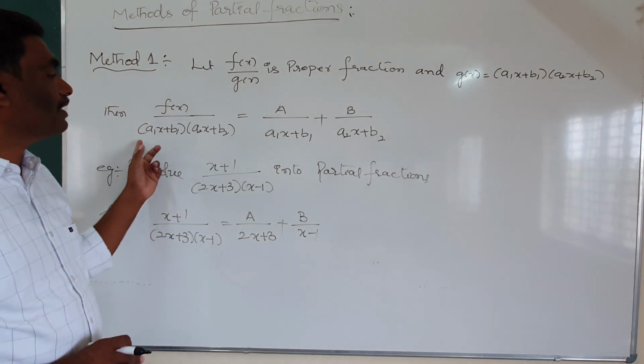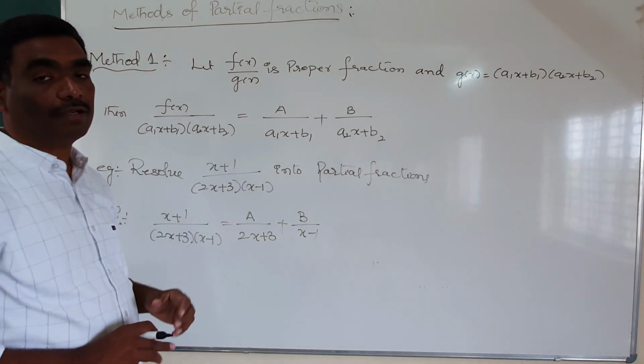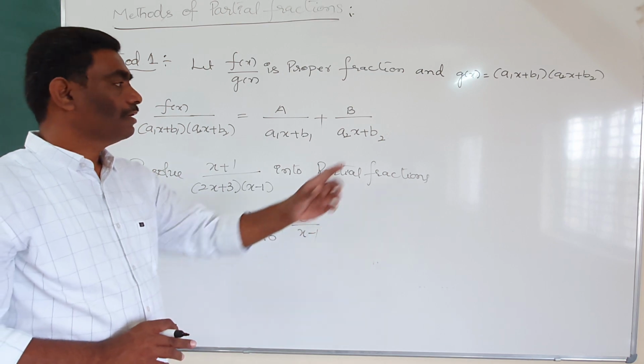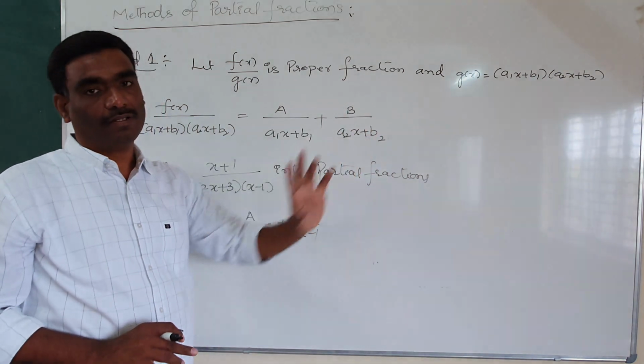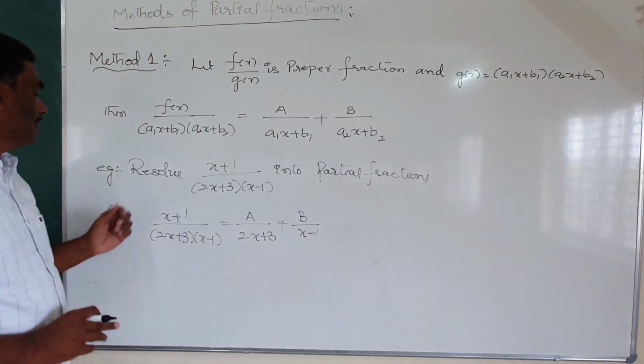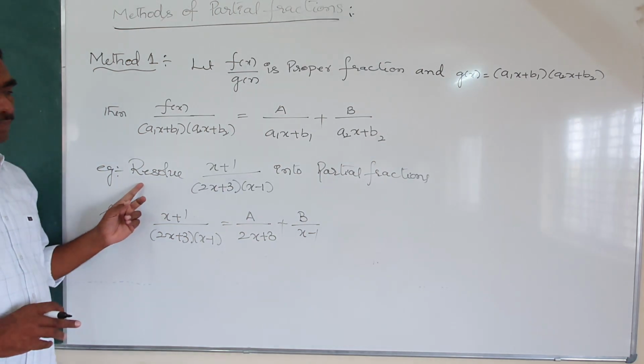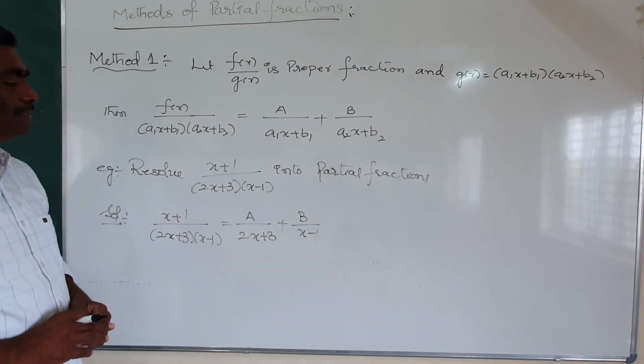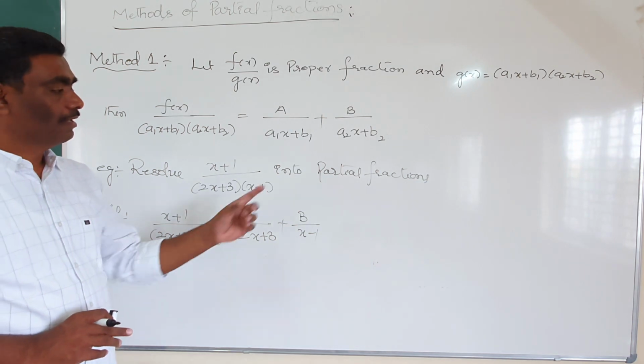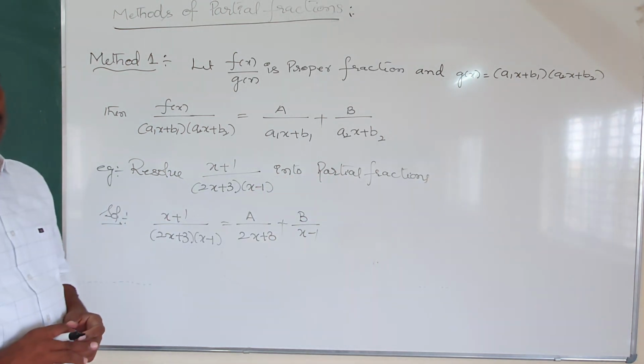Suppose the denominator is the product of three non-repeated linear factors, then we get plus C by the third linear factor. Example: resolve (x + 1)/((2x + 3)(x − 1)) into partial fractions.